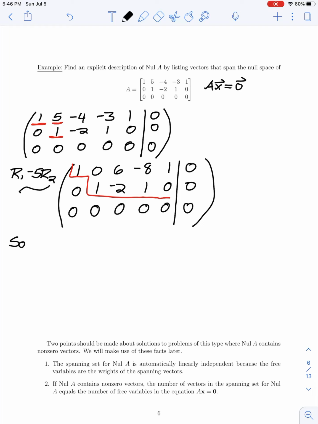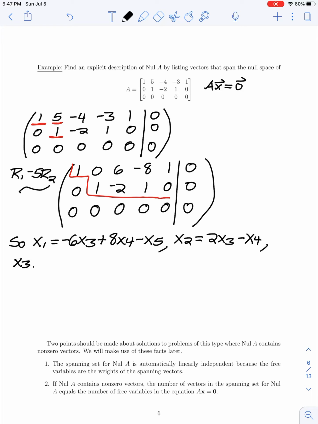So using row 1, we see that x1 is equal to -6x3 plus 8x4 minus x5, where x3, x4, and x5 are all free variables since the third, fourth, and fifth columns did not have pivots. And using the second row of this matrix, we see that x2 is equal to 2x3 minus x4.